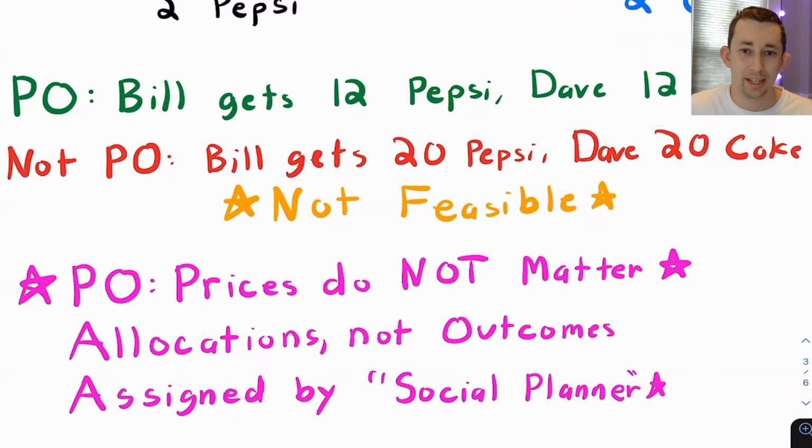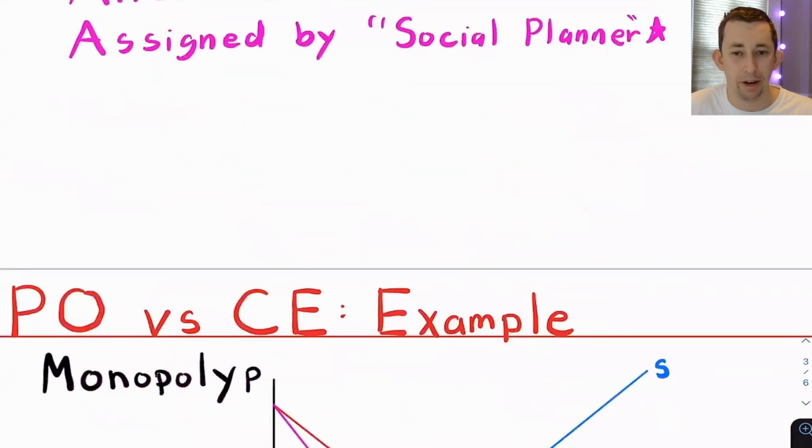It's almost as if Dave and Bill give all their Pepsi and all their Coke to a social planner, and then the social planner redistributes that Pepsi and Coke to be Pareto optimal. So a Pareto optimal outcome comes out of what we call the social planner problem, and we'll talk about that in more detail in the next video. But the main thing here is, again, we're not focused on prices. Prices have no bearing in a Pareto optimal setting.